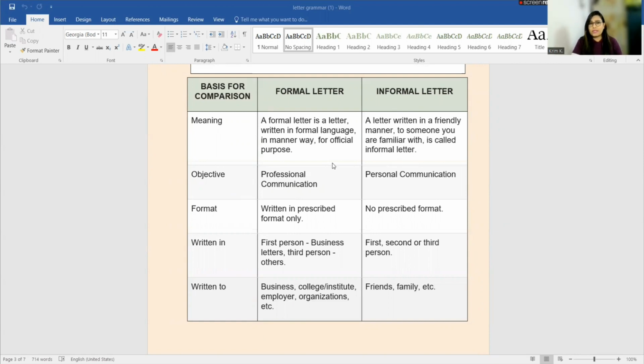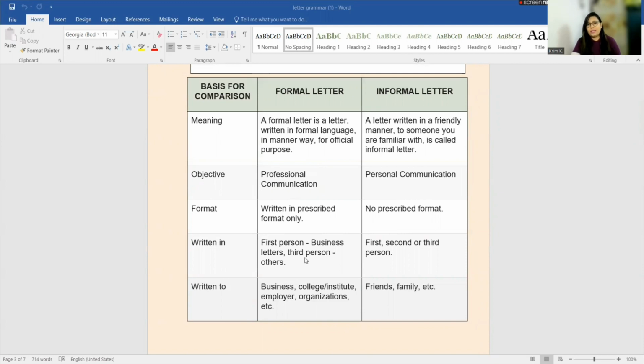And what are the objectives of a formal letter? It should be professional, and an informal letter should be personal communication. And what is the format of a formal letter? It should follow a prescribed format, and there is no prescribed format needed in an informal letter. A formal letter should be written in first person for business letters, third person, and others.